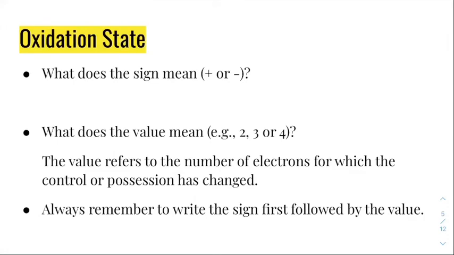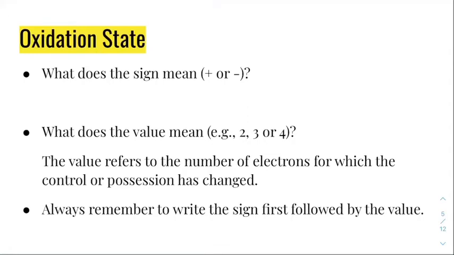So what do the positive and negative signs mean? They don't necessarily show that the atom has gained or lost electrons. The plus sign means that the atom has lost possession or control of electrons. In a covalent compound, the atom doesn't actually possess fewer or more electrons, but instead its electron density decreases and it loses control of electrons, and vice versa for negative signs.